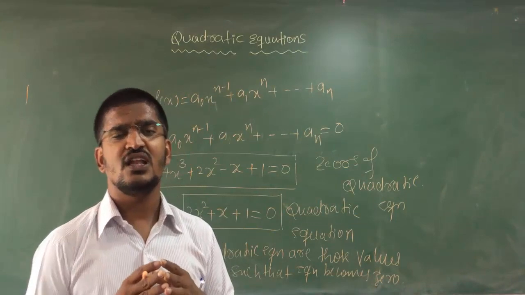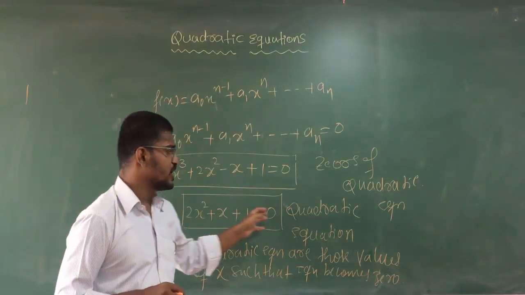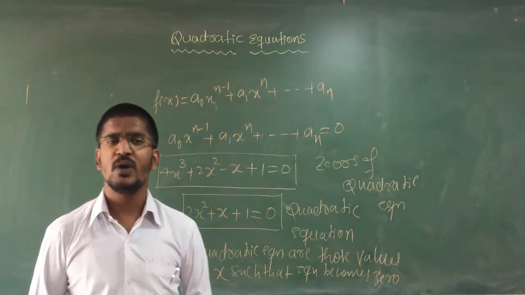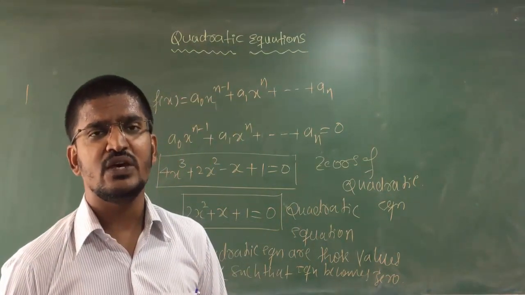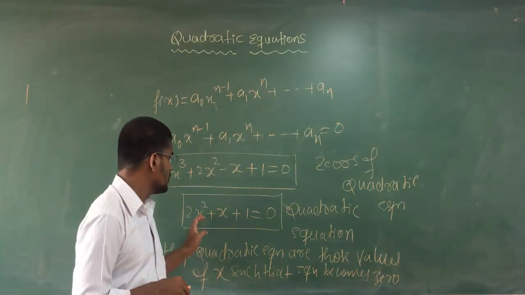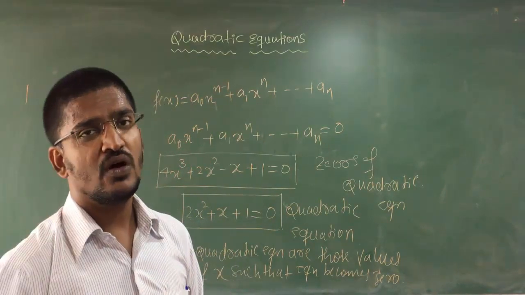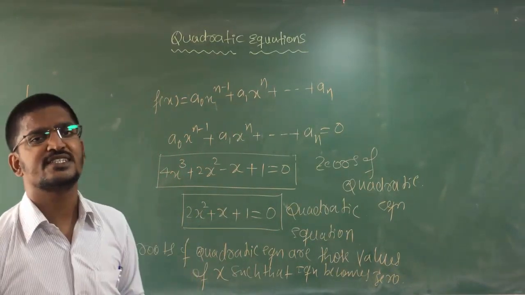The roots are nothing but the values of x wherever this equation becomes 0. Have you got my point? So that is called the roots of a quadratic equation, and the quadratic equation is a polynomial of degree 2 which is equated to 0. Okay, now let us move to the next concepts.